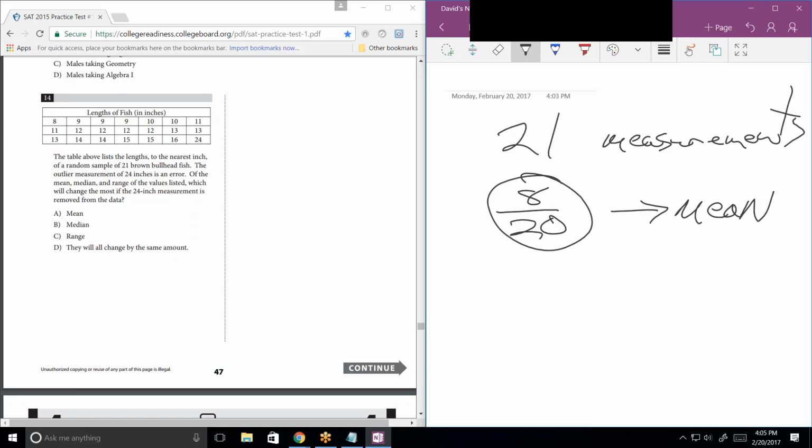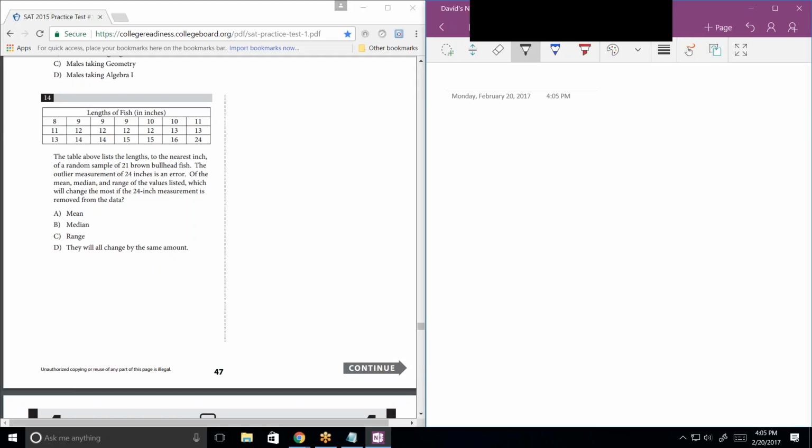Range. What's the current range? Current range is 16. What's the range after I take out that outlier? 8. That's a difference of 8. Yeah. It appears that the range is the one that's going to be affected the most. And that kind of makes sense when you look at these things.